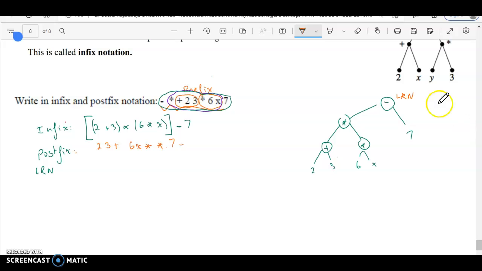So either you do the operation at the end for postfix, or you follow the steps left, right, node, and then you will get this postfix notation. I hope this is helpful.